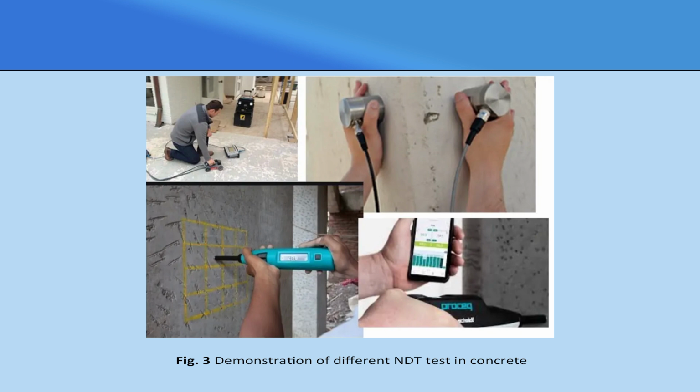Non-destructive testing of concrete is a very simple method of testing, but it requires skilled and experienced persons having some special knowledge to interpret and analyze the readings that are being obtained from the test.